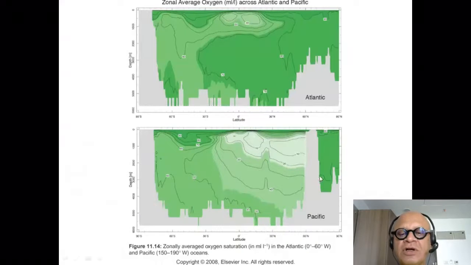So this is showing the oxygen saturation in milliliters per liter.